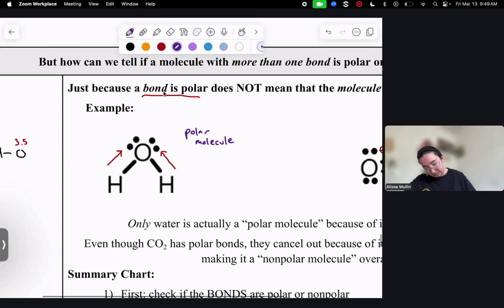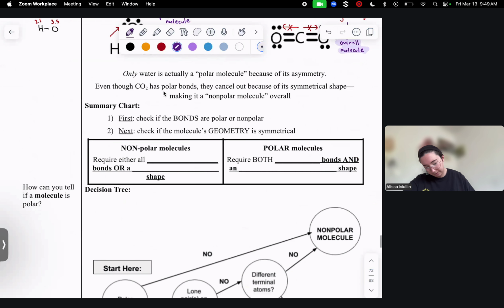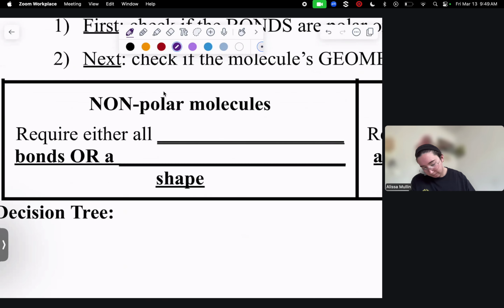So I want to give some tricks to help with this whole polar versus non-polar molecule thing. So here's the summary. There's a few different tools here that you can choose to use to help you out. So to be non-polar, if all your bonds are non-polar, sure, then there's no tug of war at all. There's no chance of you being polar.